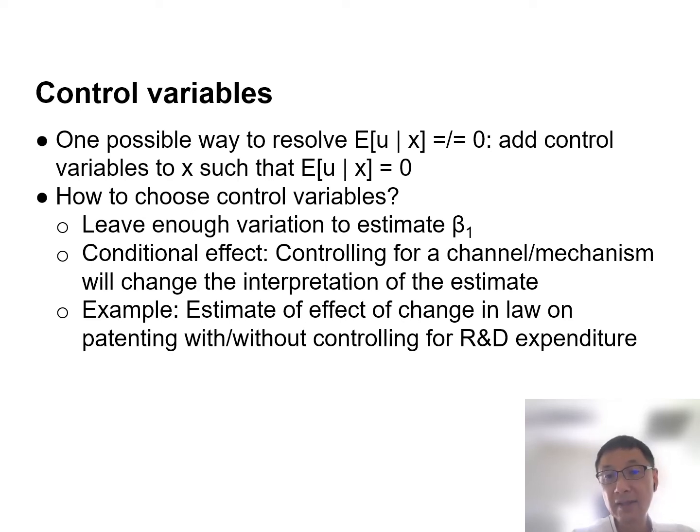In one, it's the full effect of the change in law on patenting, and the other is the effect of the change in law holding constant R&D, which are two different interpretations. And by comparing the two estimates, we'll be able to see the indirect effect of the change in law on patenting through changes in R&D expenditure.